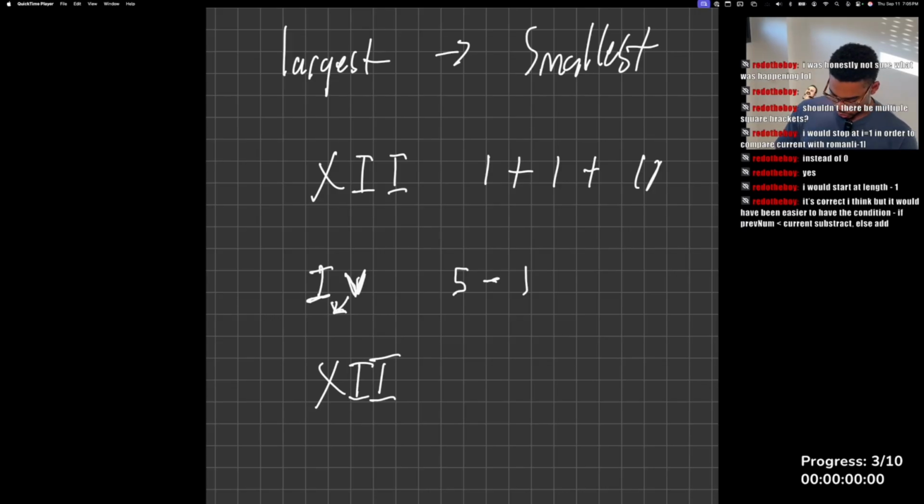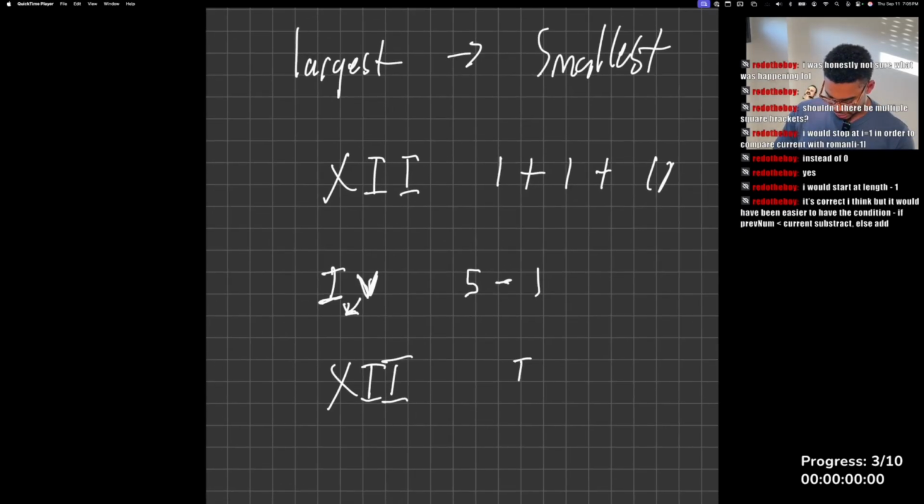In this case, XII. It starts with I. So the first thing I have is I. It looks at the next number. I'm just going to do this: current plus previous. I have to get good at visualizing these things, or else I'm not going to be able to solve the hard ones.